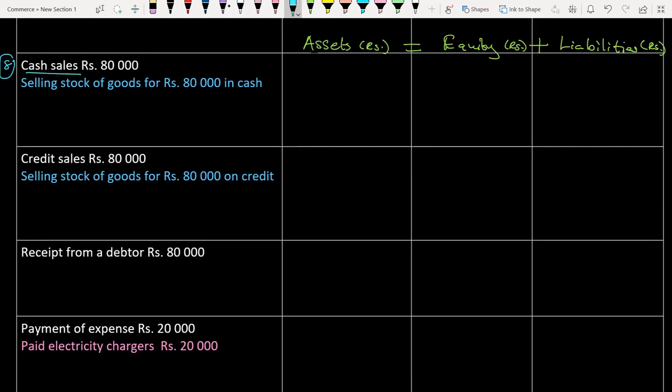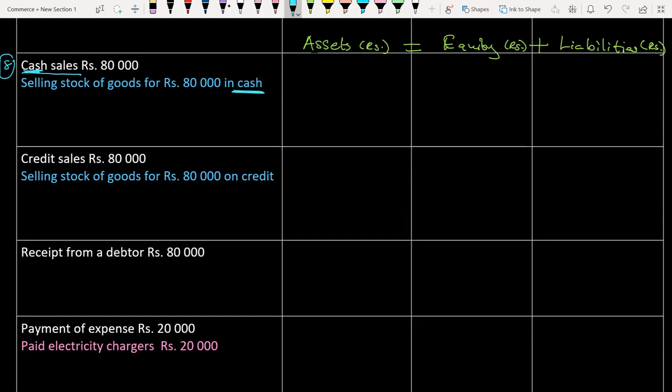Cash sales. What do you mean by cash sales? It's sale of stock by the business. So selling stock of goods for rupees 80,000 in cash. This is a cash sale. So the business sells stock and in return, the business receives cash.